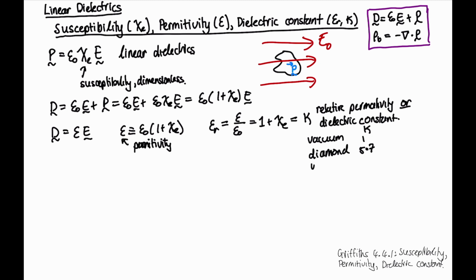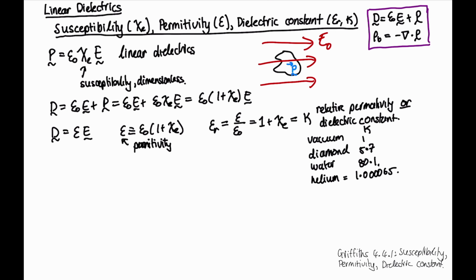For water, it's 80.0. For most gases, it's 1 point something small. So for helium, for example, it's 1.000065. So for atomic gases, it tends to be very close to what it is in a vacuum.